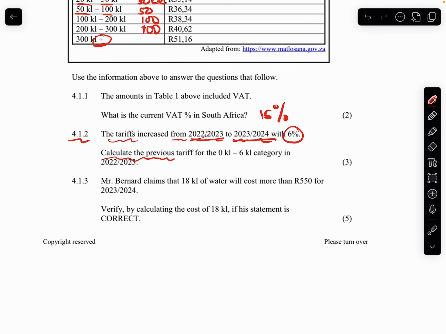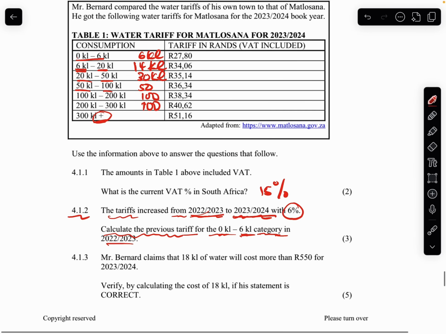Now it says calculate the previous tariff for the 0 to 6 kiloliter category. So we want to know how much it was before.